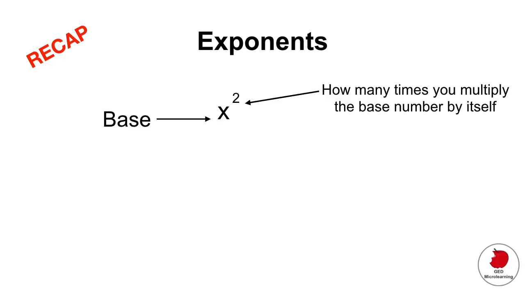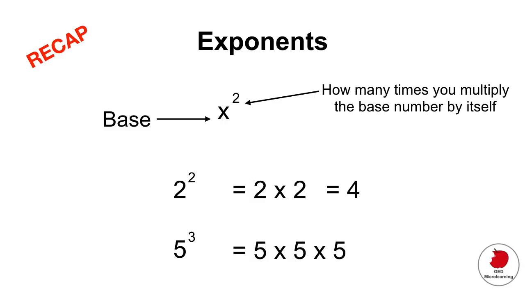This tells you how many times you multiply the base number by itself. So let's say you had 2 raised to the second power. That's telling you to multiply the number 2 by itself twice. That would give you 4. Let's say you have 5 raised to the third power. Same thing, you multiply 5 by itself 3 times. That gives you 125.